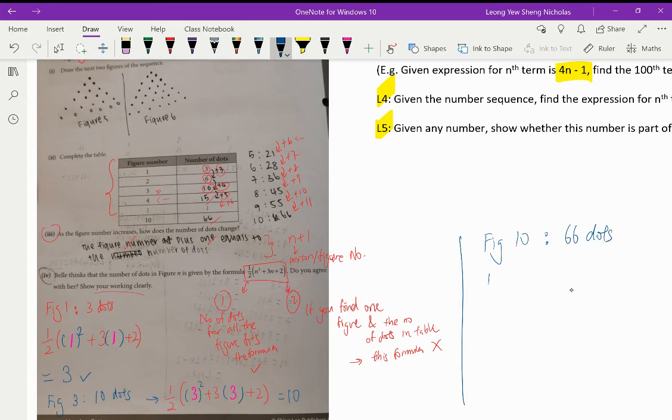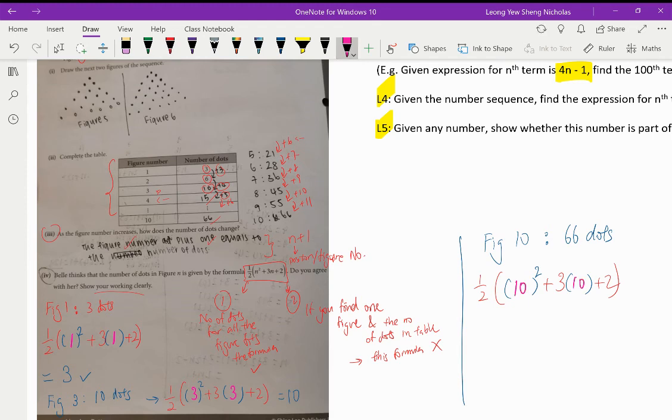If I use the formula here and replace all the n with brackets, since it's figure 10, my n will be replaced with 10.